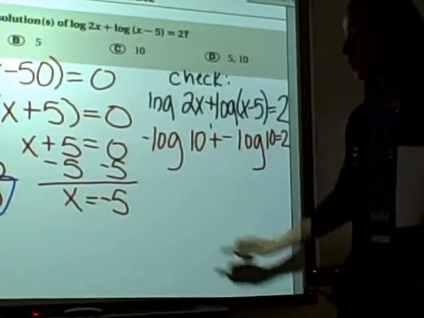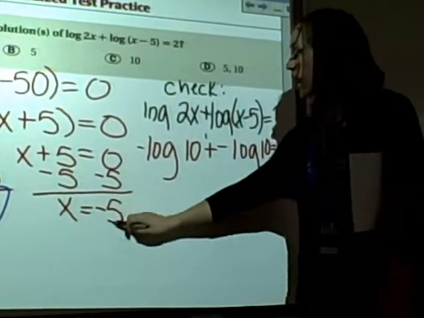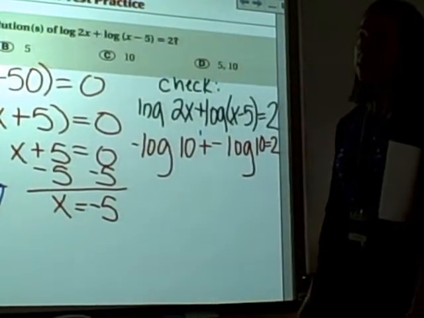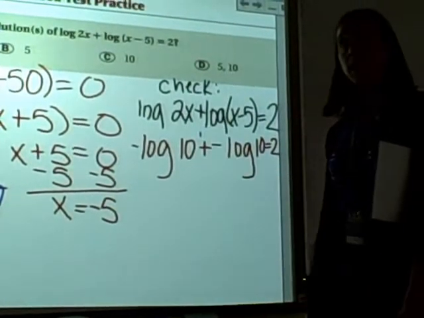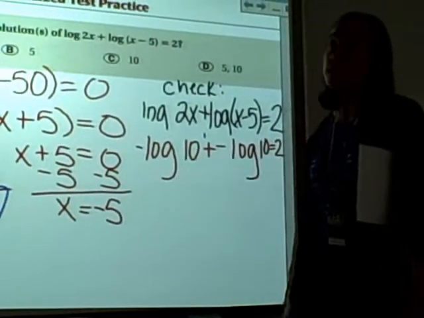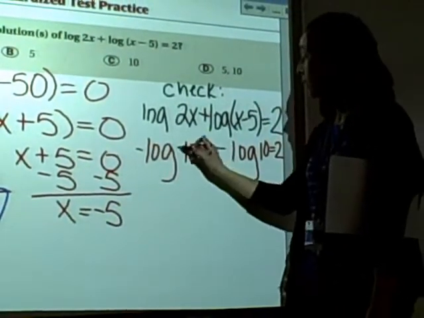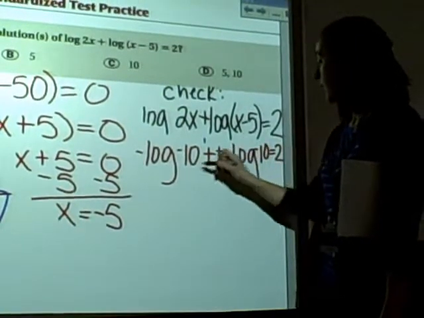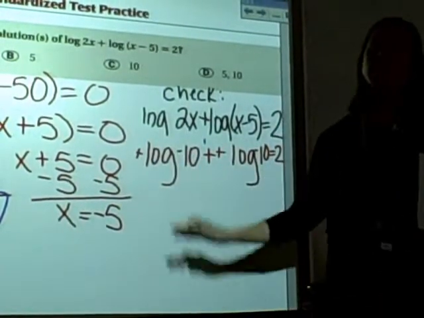Okay, so what I'm doing is I'm plugging that number into your equation. Let's say that you forget that this negative has to go in front of log. It does not matter. If you put your negative here instead and keep those positives, your calculator will tell you the answer.